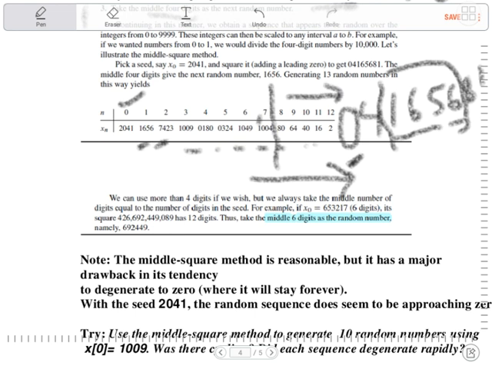Steady manner means what? Here I got a 3-digit number, here a 3-digit number, but at the 6th step I am again getting a 4-digit number. So there is no steadiness in the decrease of the number of digits, and I cannot say that my number of digits is decreasing steadily.